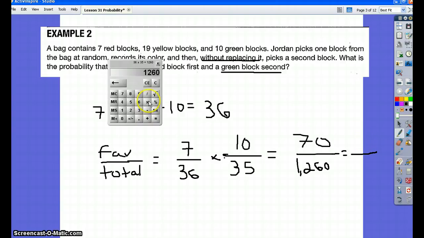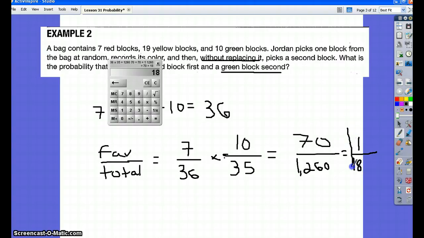So if we divide 70 divided by 70 equals 1, and 1,260 divided by 70 gives you 18.